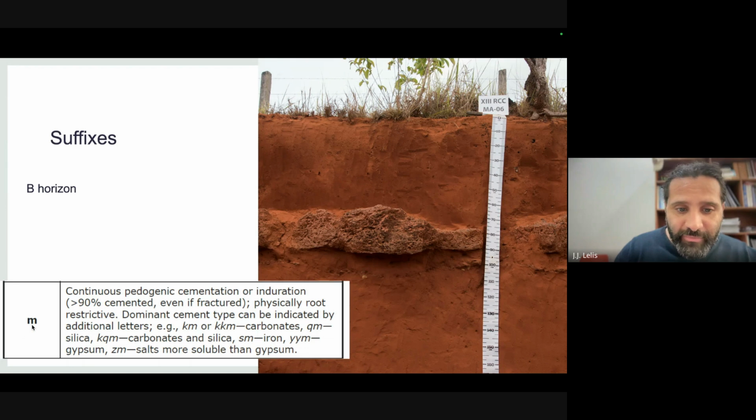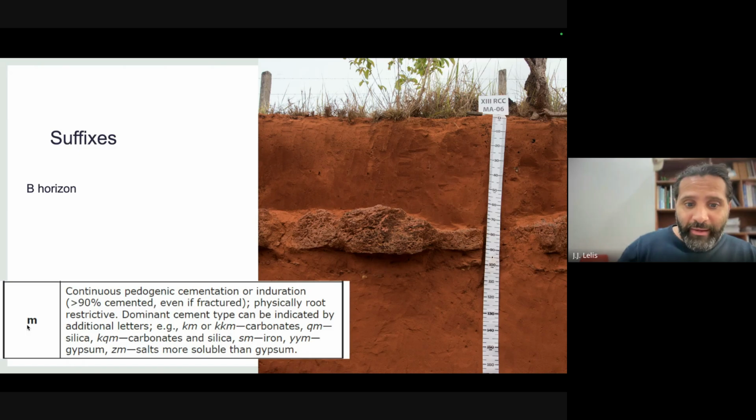The letter M should be combined with the source of the cementation, okay? So I can register some layer that's completely or almost completely cemented by calcium carbonate, so I use the letter KM or double KM. If I see this layer cemented by silica, for example, I can use the letter QM. If I see some salt, ZM. If I see some iron, SM.